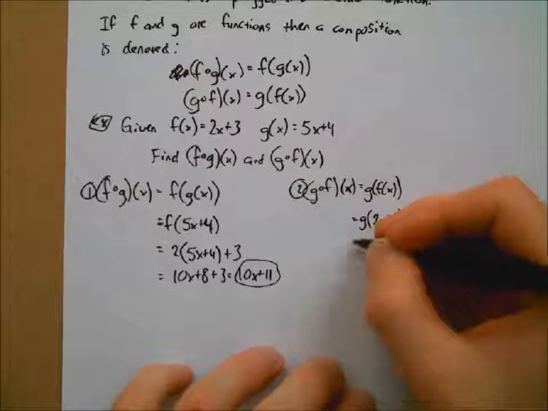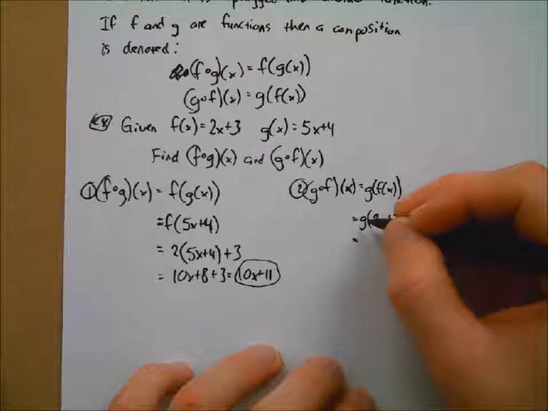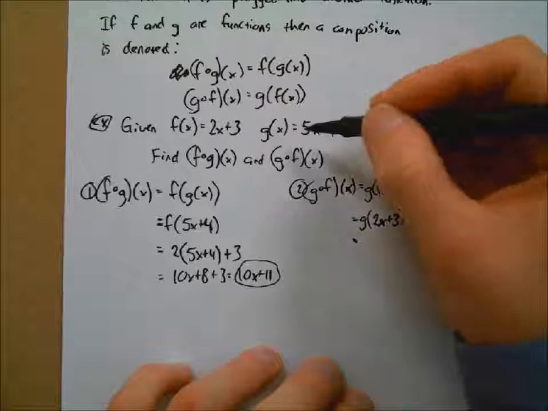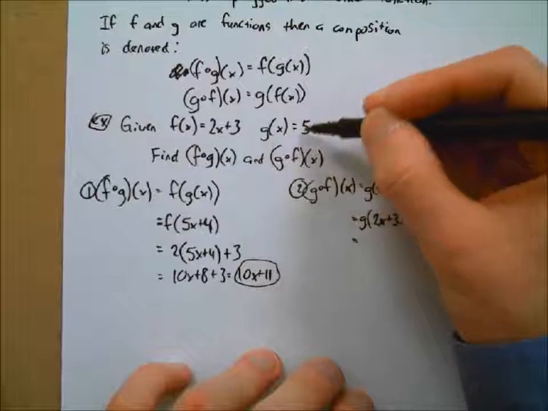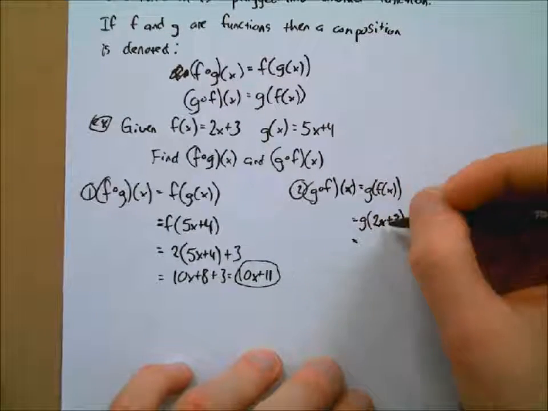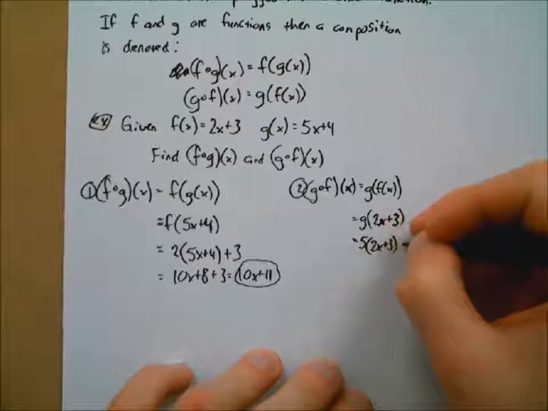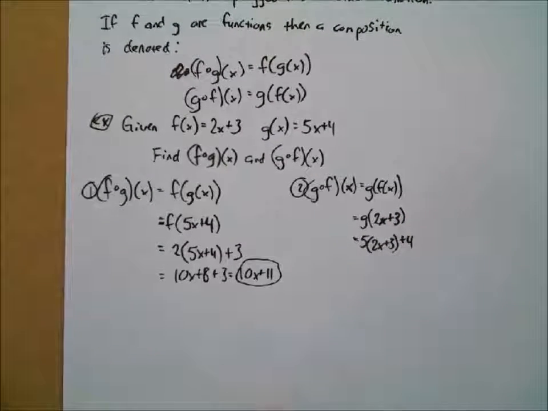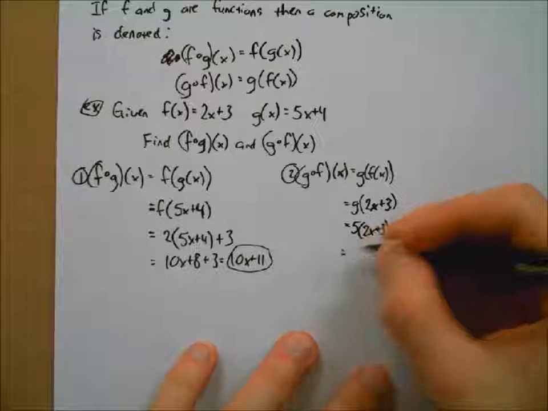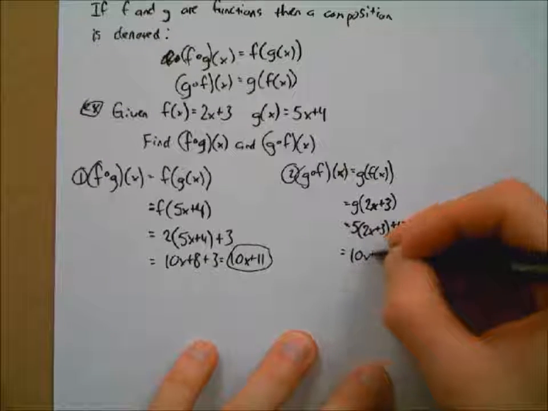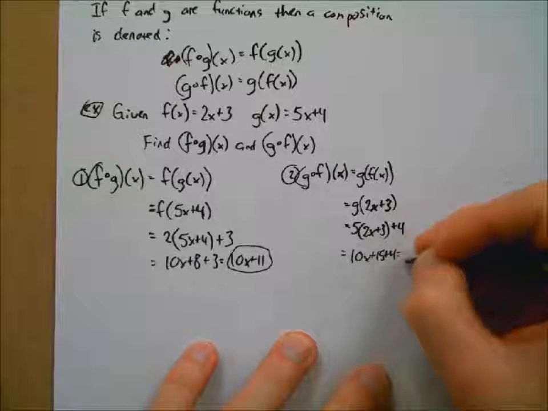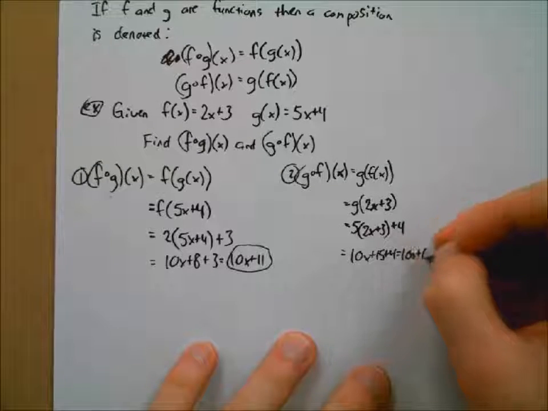And again, we're going to apply the function g to 2x plus 3. g applied to just x is 5 times that x plus 4. So g applied to 2x plus 3 will be 5 times the quantity 2x plus 3, plus 4. And then we'll distribute: 10x plus 15 plus 4 equals 10x plus 19.